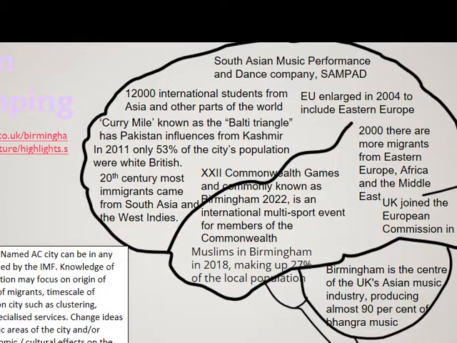The first thing I would do is have a read of the article that I put online. That article will take you through how Birmingham has become very multicultural. This is an example of the brain dump that I've included from that document. So you're well on your way, if you want to use this, to using this to model that answer.